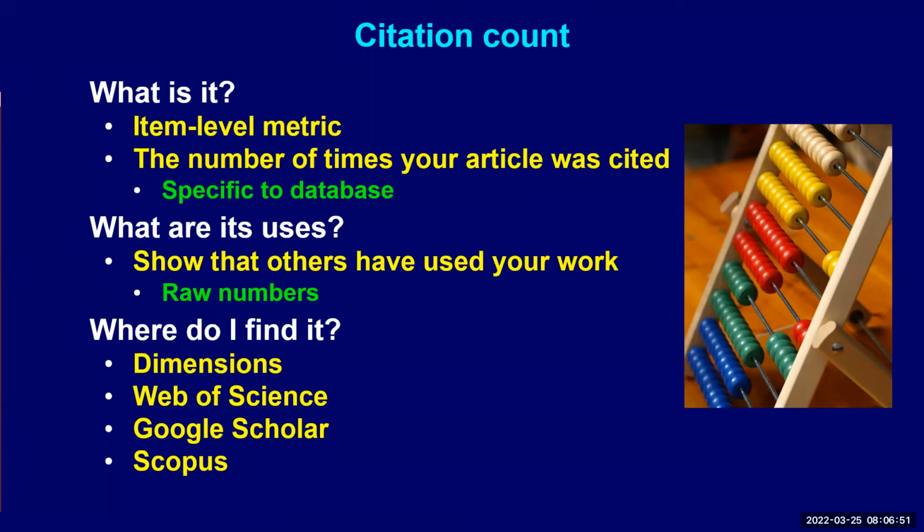That being the case, the citation count for the same article can vary from one database to the next. And I'll be demonstrating that in the examples I show you. There are a number of databases that report this metric, and we're going to be looking at 4 of them here.